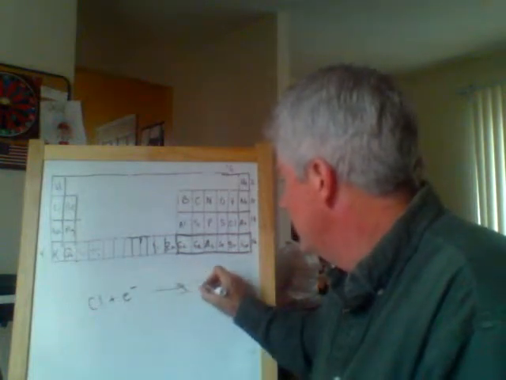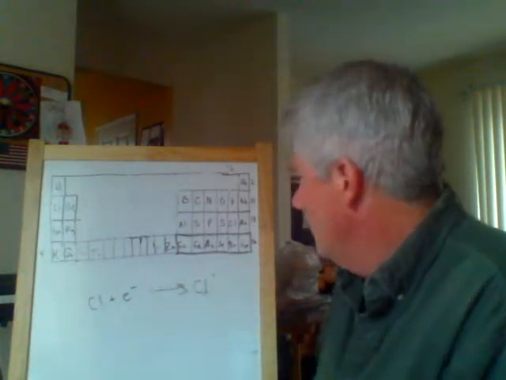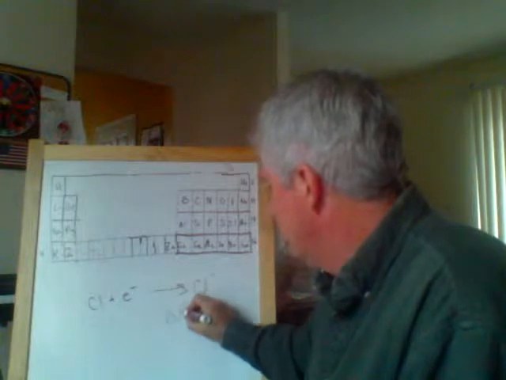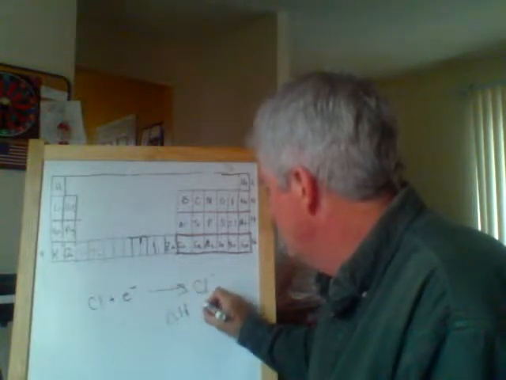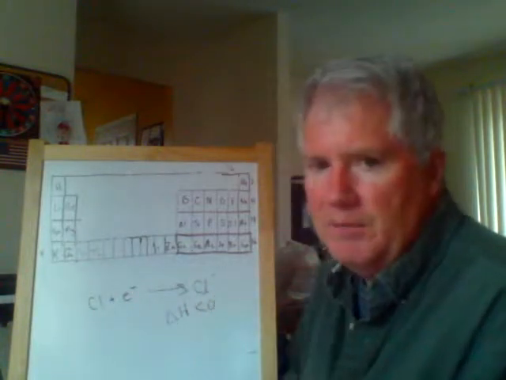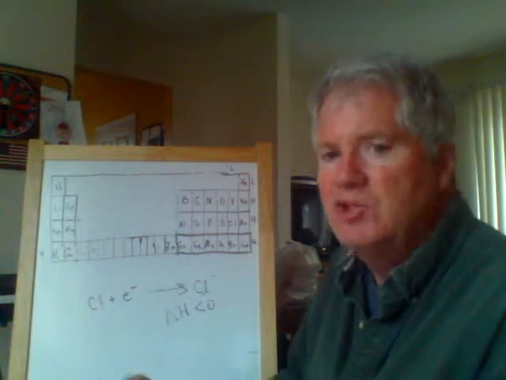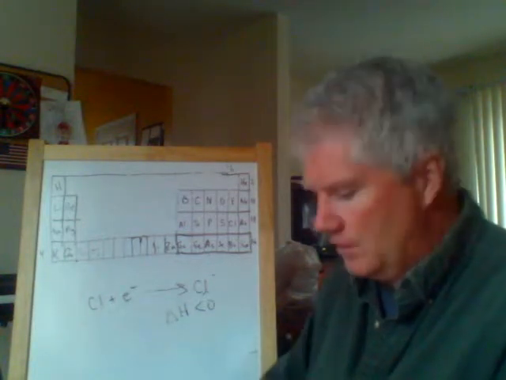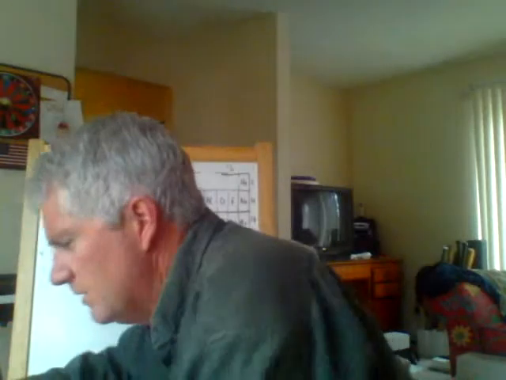This would of course turn into Cl minus. The delta H for this reaction is generally negative, meaning that picking up an electron generally stabilizes the element. I think there's a table here that shows some of the electron affinities.